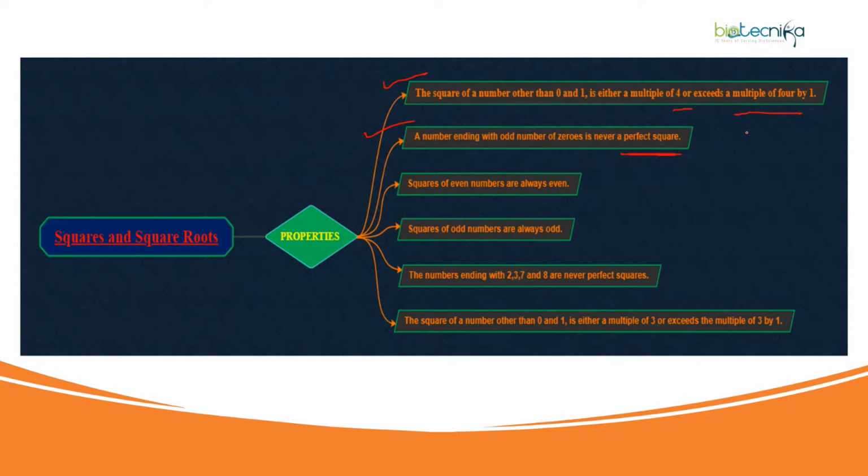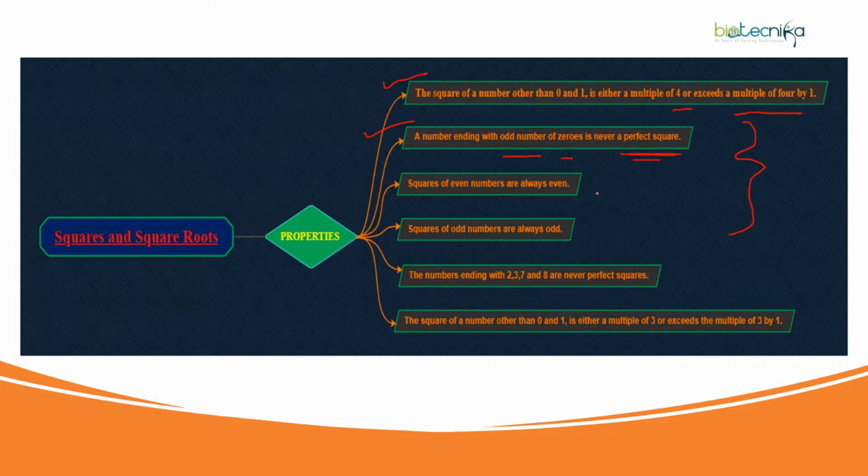So these 6 points are for that. Okay, so second point is a number ending with odd number of zeros is never a perfect square. So ये ध्यान में रखने का है कि कभी भी कोई भी नंबर odd number of zeros से अगर end कर रहा है तो वो perfect square नहीं है, right?